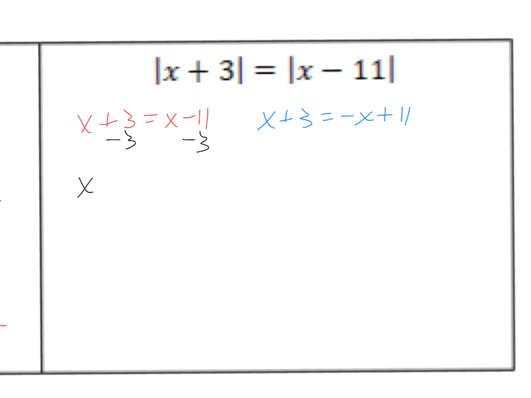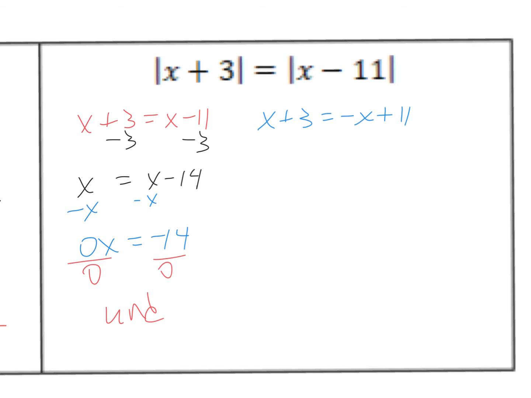You may have a different way of doing that, but x equals x minus 14. Then we would subtract x from both sides. Over here, you end up with 0x equals negative 14, and we cannot divide by 0. That would be undefined, or we could say no solution.